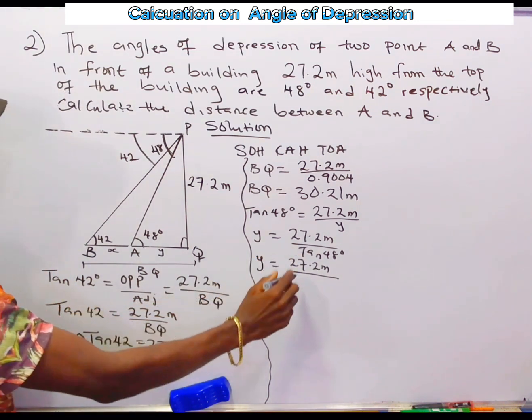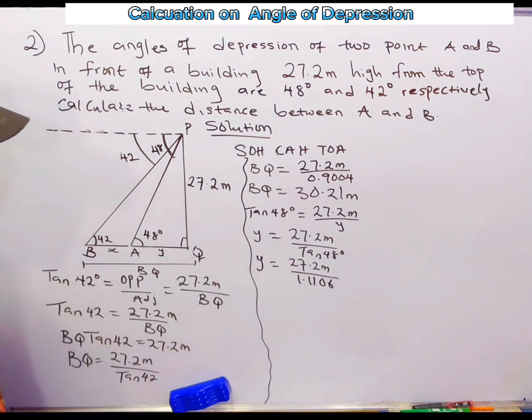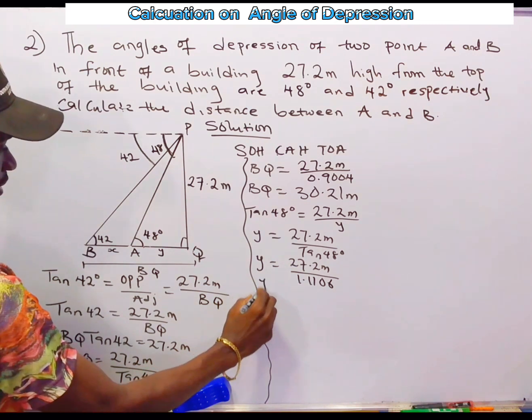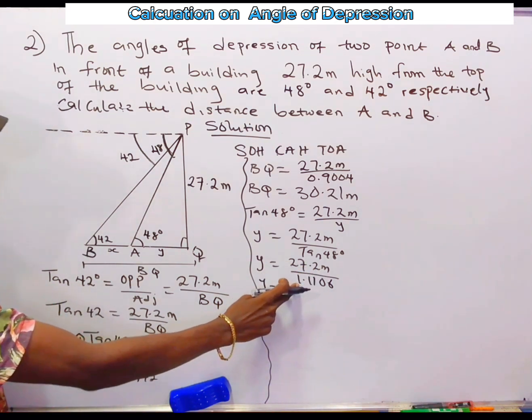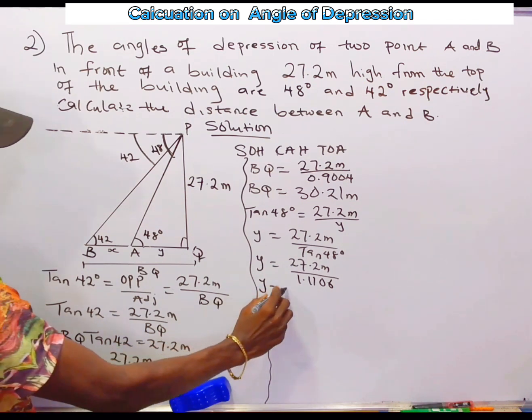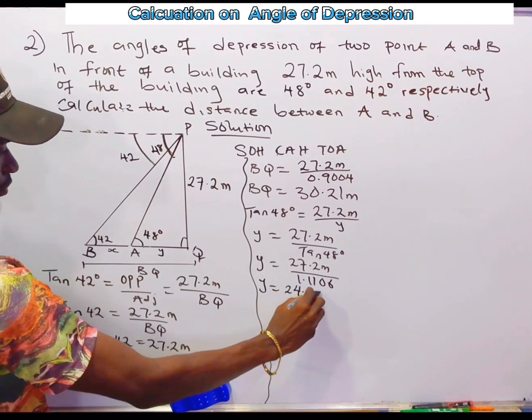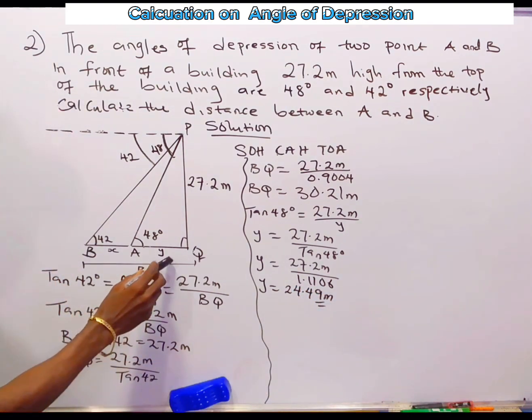And tan 48 degrees is 1.1106. So if we divide 27.2 by 1.1106, we get our value for Y to be 24.49 meters.